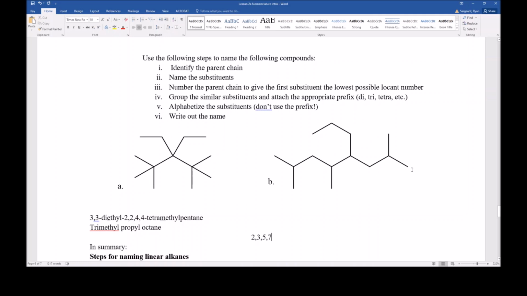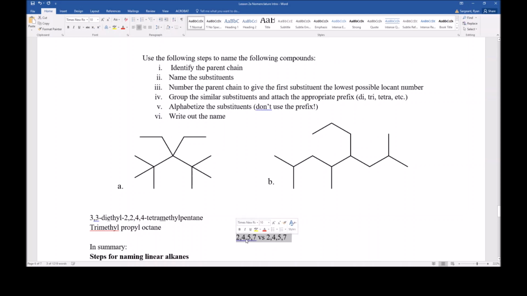Going from right to left, the pattern is at the 2, oops, I did that wrong, 2, 4, 5, 7. Going from left to right, it's a 2, 3, 4, 5, 6, 7. And going from right to left, it's 2, 3, 4, and then a 5, and then another 7. So this is a case where the locant pattern numbers are exactly the same.